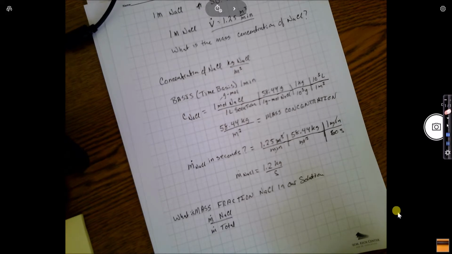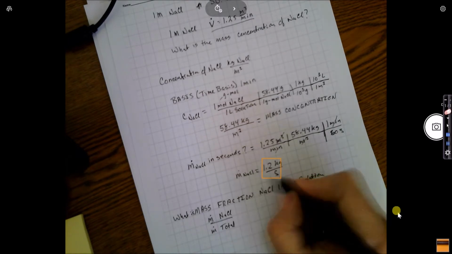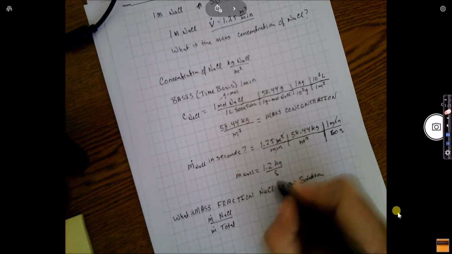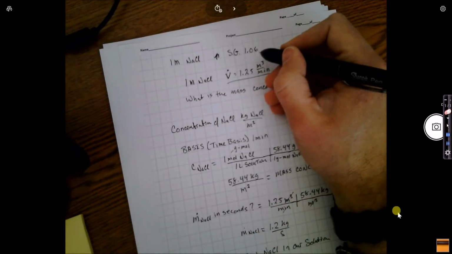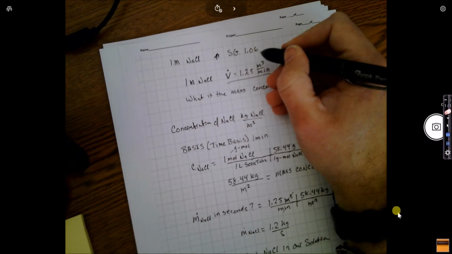So we already calculated the mass flow rate of sodium chloride in seconds. Now, earlier we said the specific gravity was 1.06.